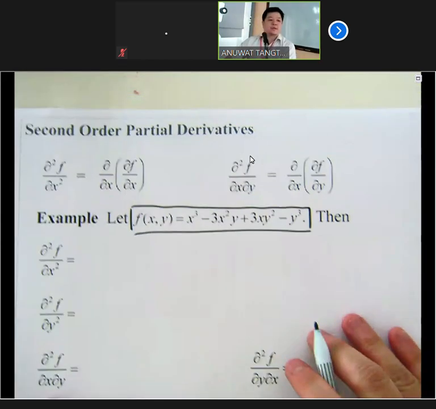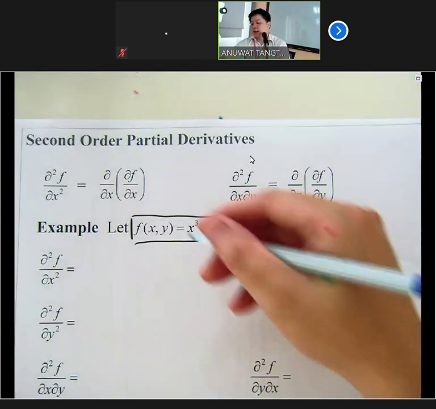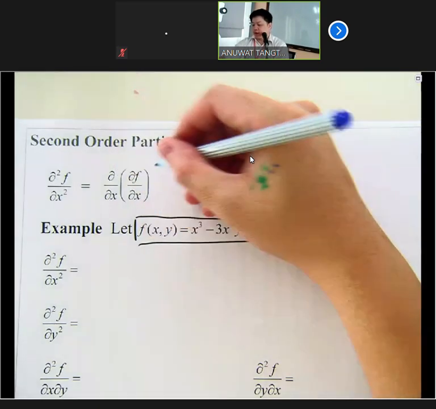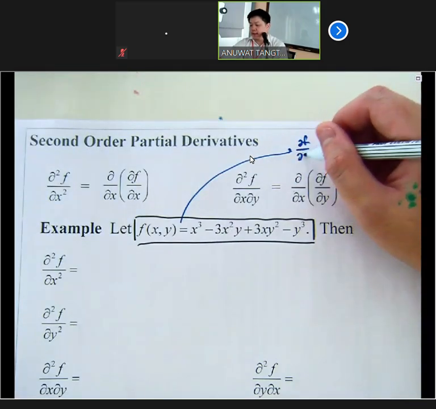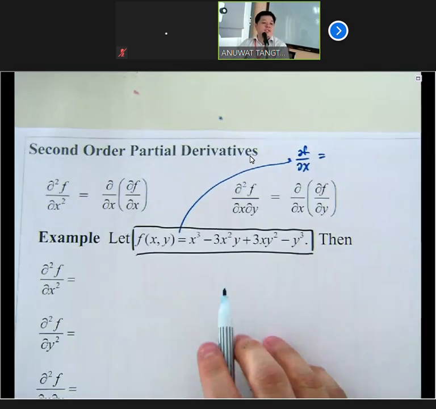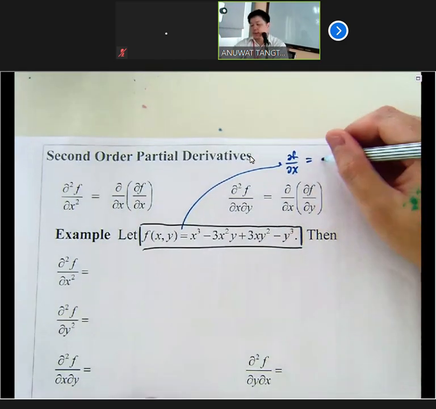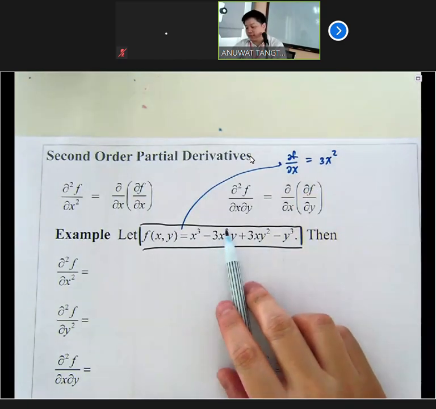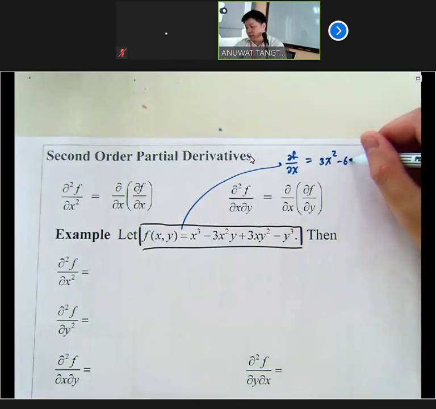I'll write down df by dx here. If you remember, we have done this before. It becomes 3x squared. And for this one, we differentiate xy to get 2x, so this becomes minus 6xy. And for this one, it would be plus 3y squared.